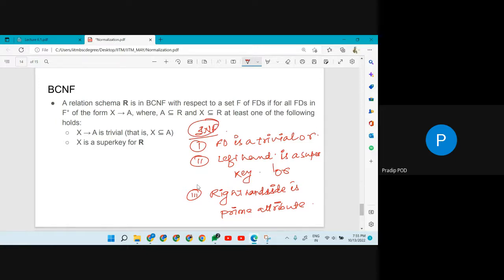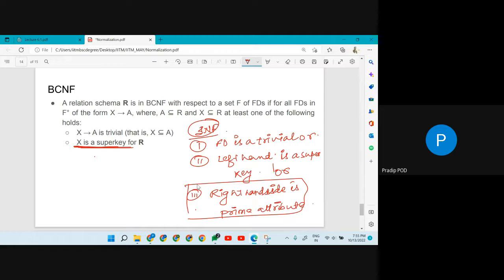But in the BCNF, there is a restriction. BCNF is said to be the more restricted form of the third normal form. That is, we consider only that the left hand side should be a super key, right? We do not see the conditions on the right hand side.